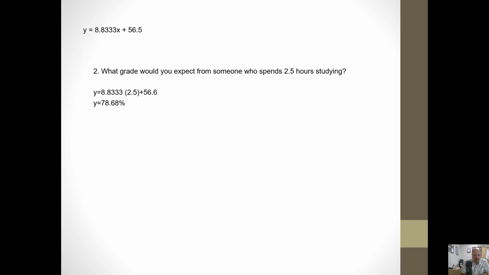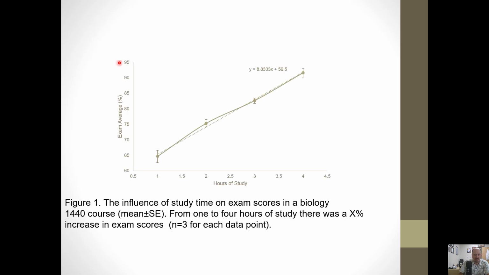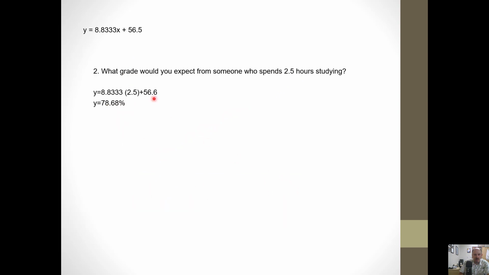What grade would you expect from someone who spends 2.5 hours studying? Well, how do we solve that? Well, I have the equation of the line up here. Y equals 8.8333 times x plus 56.5, okay? So y refers to the y-axis, and x refers to the x-axis, okay? So if someone spent 2.5 hours of study, so we know how many hours they studied.